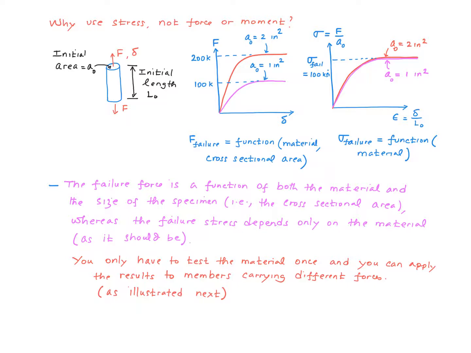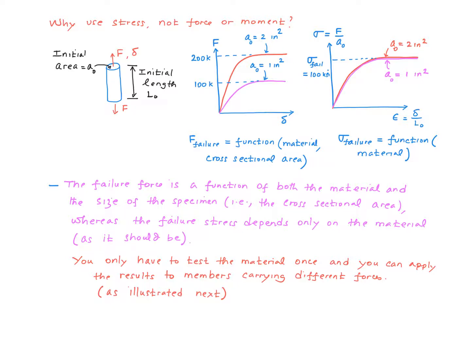No 2 specimens are truly identical. So because of that, it's not going to be exactly the same, but they're going to be approximately the same. And you can infer that from the numbers that I have on this picture here, right? The failure stress over here is going to be 200 kip divided by 2 inch squared, so it'll be 100 kips per square inch. Whereas here it'll be 100 over 1, which is 100 again, right?